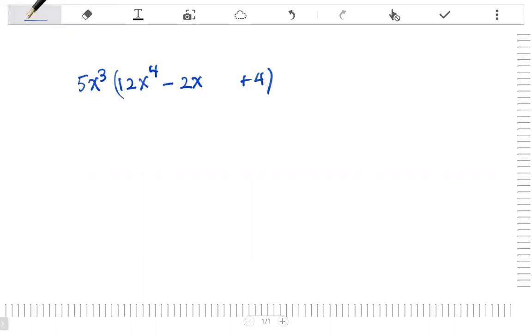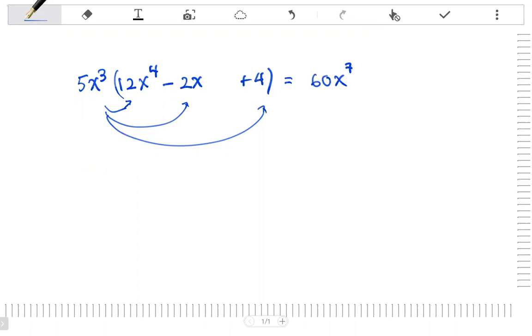So what would our first step be here? Distribute. So let's see if you guys can do this without me writing everything down. Our first term, what would it be? 60x to the seventh. Nice.